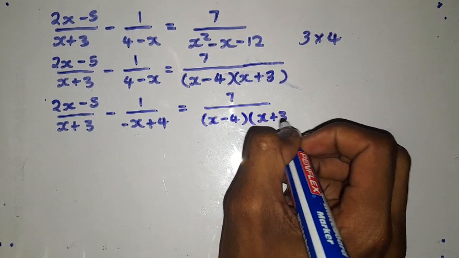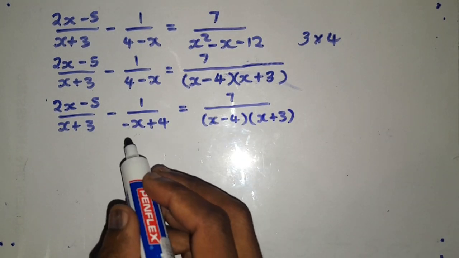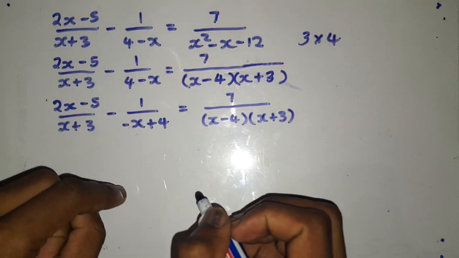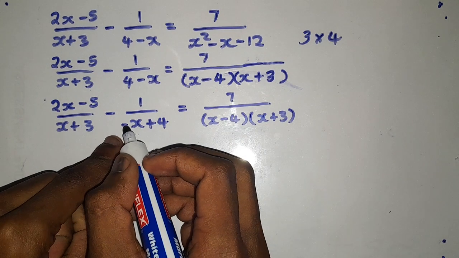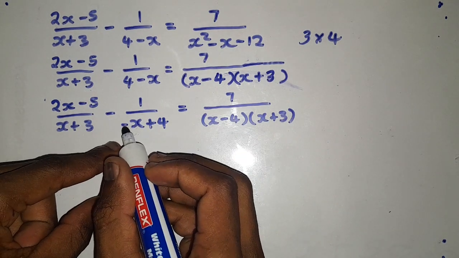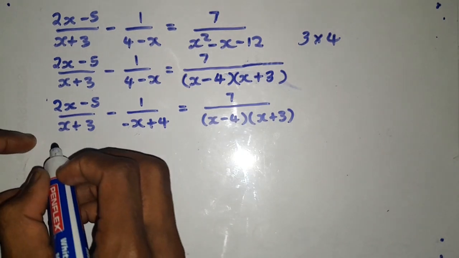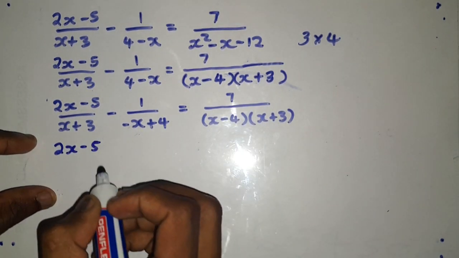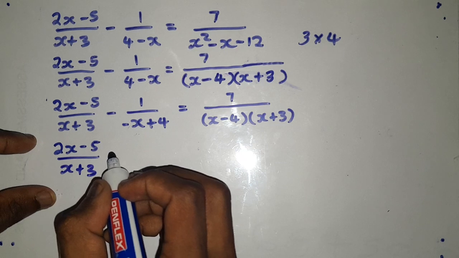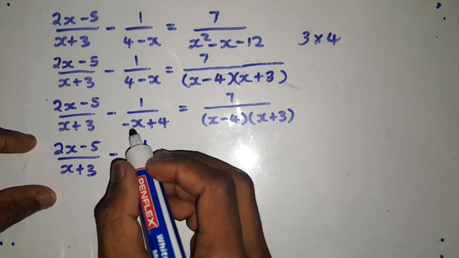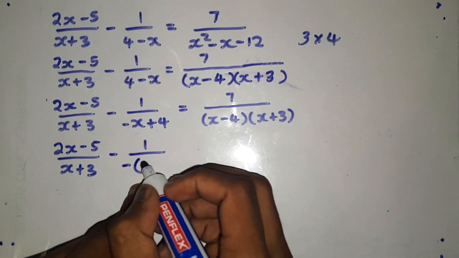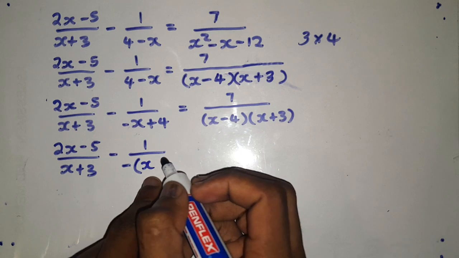Before the restriction, let us rearrange this one. Check this technique now. Let us factor out the negative. If we factor out the negative, we get negative 1 over... If I take out the negative sign, for me to get negative x, I must put positive x inside my bracket.